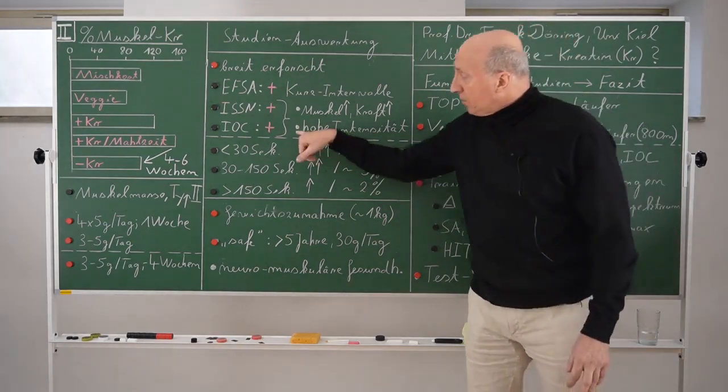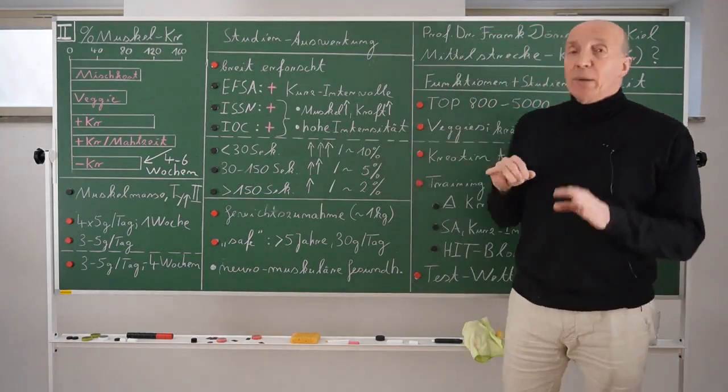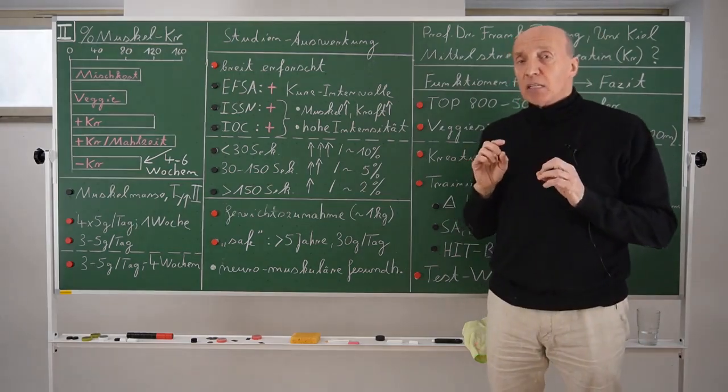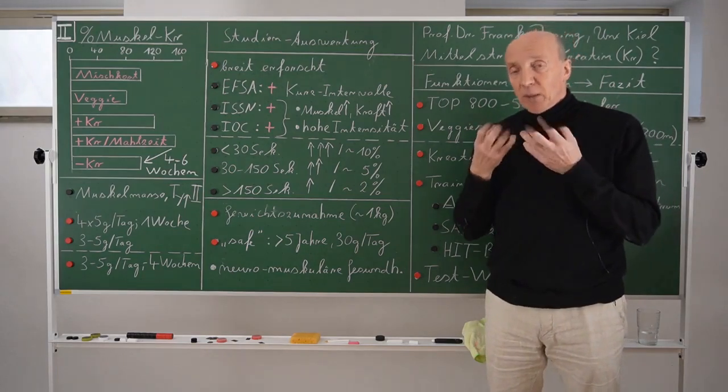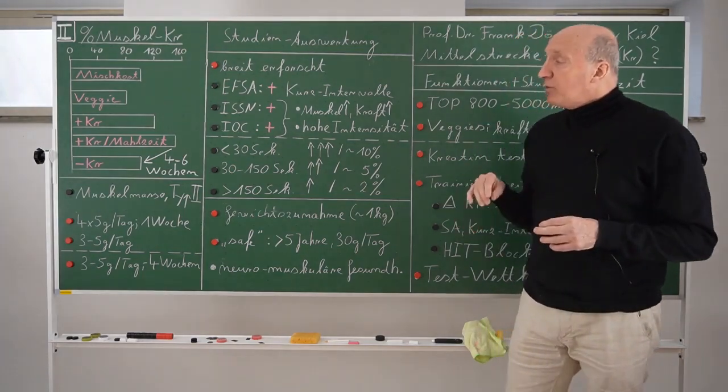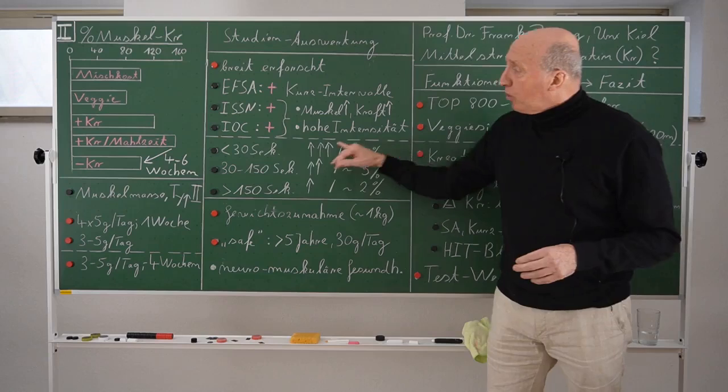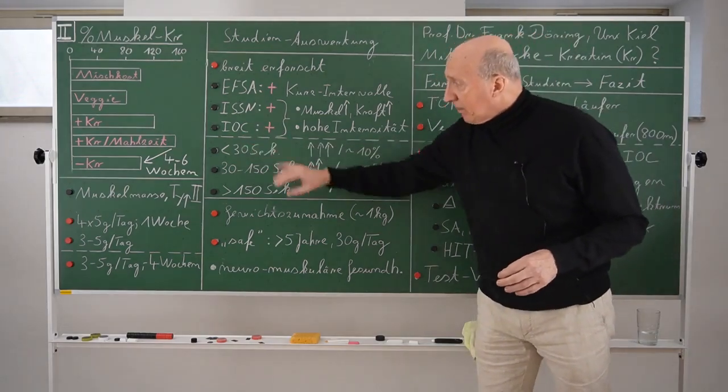If you now take a closer look at the point of high intensity, what loads were tested there? And then there are corresponding meta-analyses that have made evaluations regarding the duration of the load.